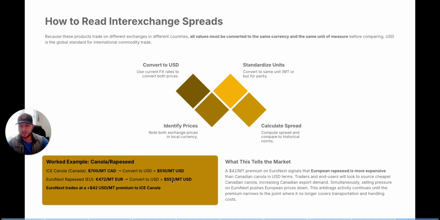They ship it to the EU and sell it against the EU prices, which will push their price down, right, as their demand is reduced, to the point where that $100 premium spread on Euronext no longer exists. The arbitrage is gone, right? So these are signals to us about what's happening in that physical market.